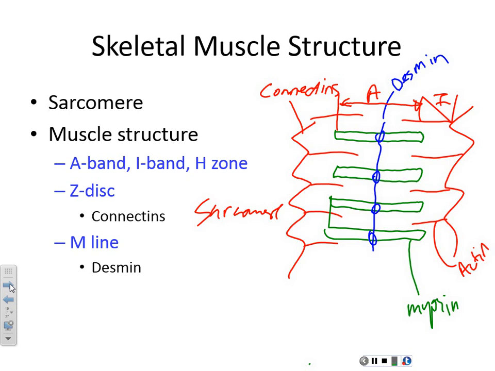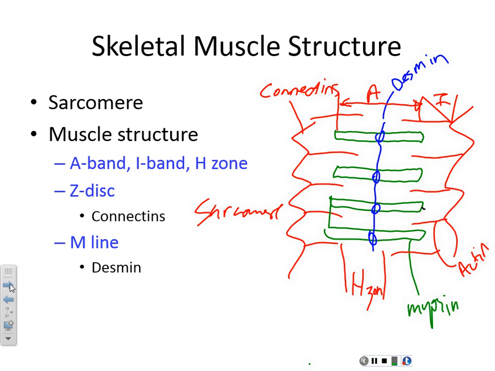And from there to there is the H zone. So the H zone is going to get smaller. In fact, when the muscle is contracted fully, the actin overlaps, so it disappears completely. And then the Z line will move towards the myosin, and the I band gets smaller.